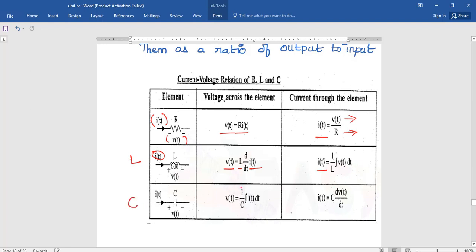The voltage across the capacitor depends upon 1 by C integral of i, the current flowing through the capacitor. Then the current flowing through the capacitor is determined by the capacitor value C into dv by dt. This table shows the relation between voltage and current in R, L, C individually. This is a very important table.